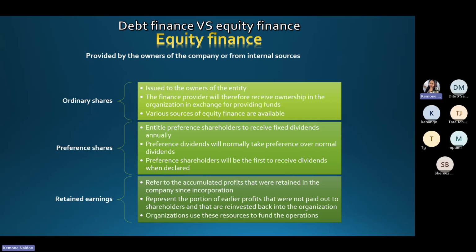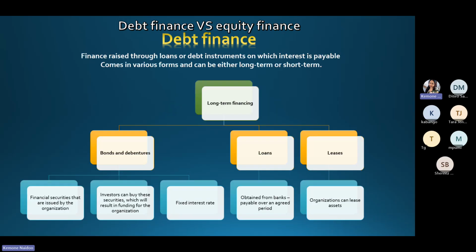And then retained earnings, this is when you have a lot of accumulated profits in your company. So a lot of money that you've saved up over time, a lot of profits that have been accumulated that has not been paid out to shareholders. And this money is then reinvested back into the organization. So this money can be used to source resources or to make other investments, those types of things.